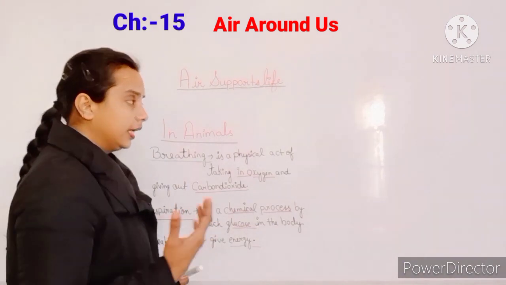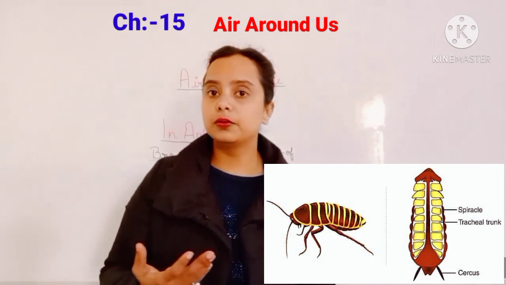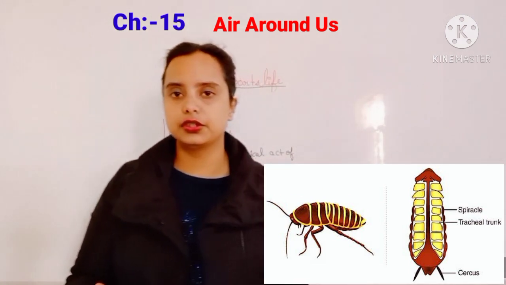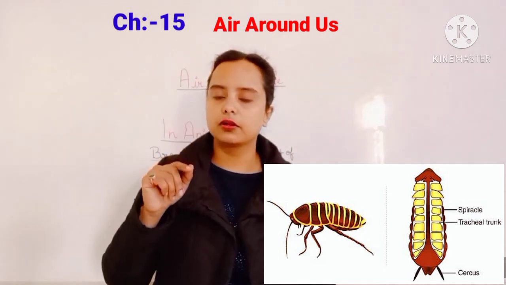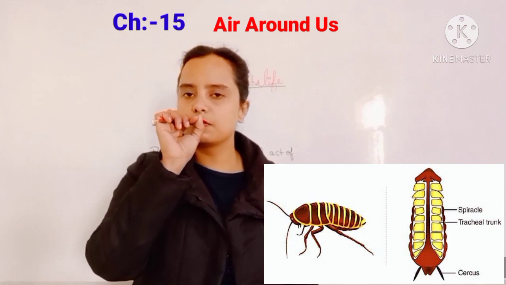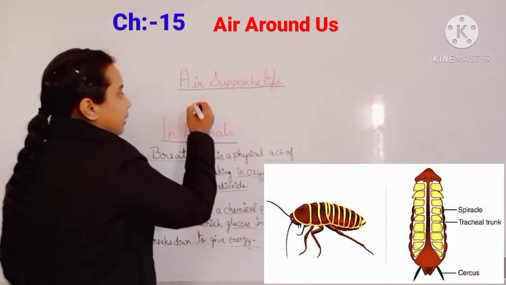Now if we talk about insects, in the cockroach, how do they respire? On the body of the cockroach, some holes are present. Small pores are present, and these pores are known as spiracles.